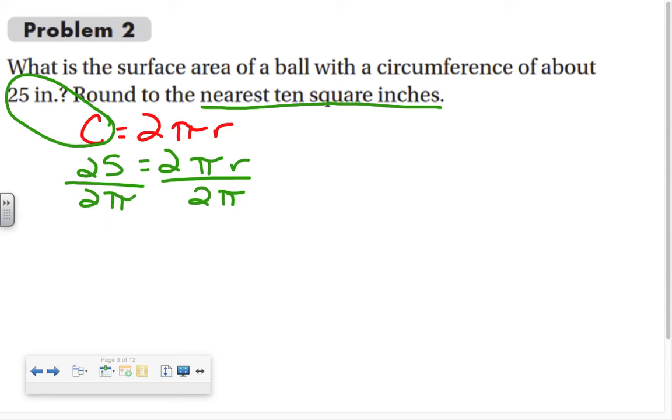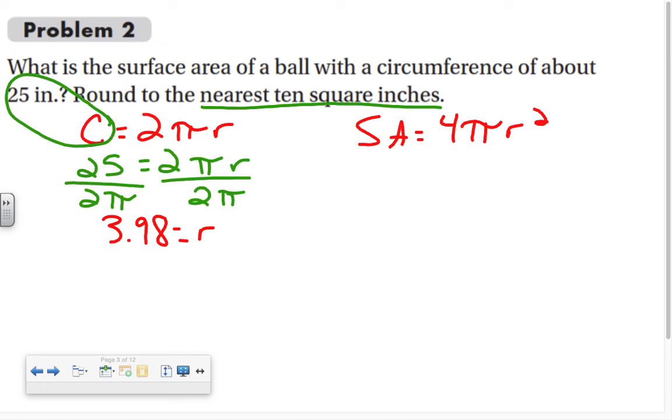So in your calculator, you're dividing 25 by 2, and then divided by pi, gives us approximately 3.97, or 3.98. By all means, I have no problem with rounding that to 4 when we plug it into the surface area formula of 4 pi r squared.